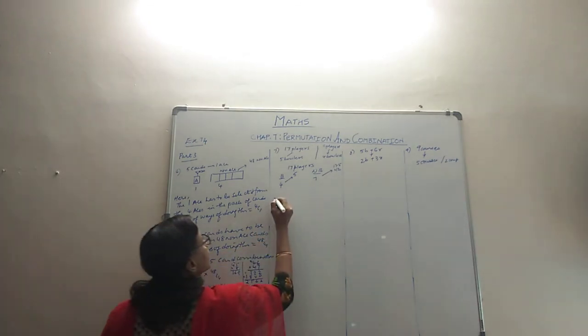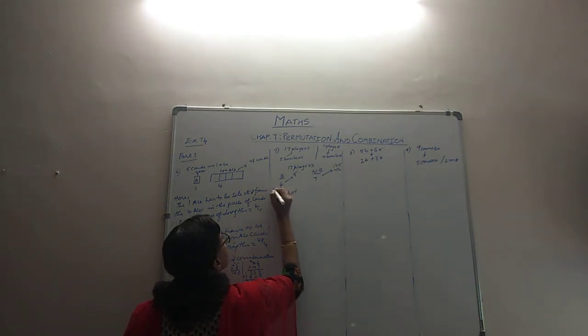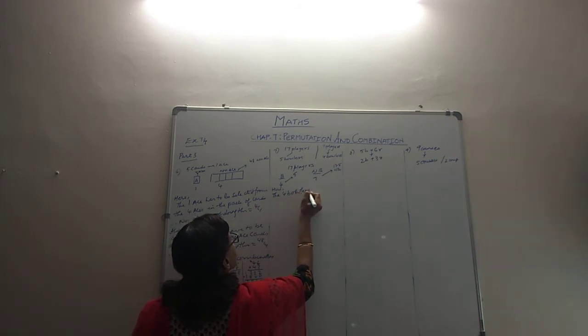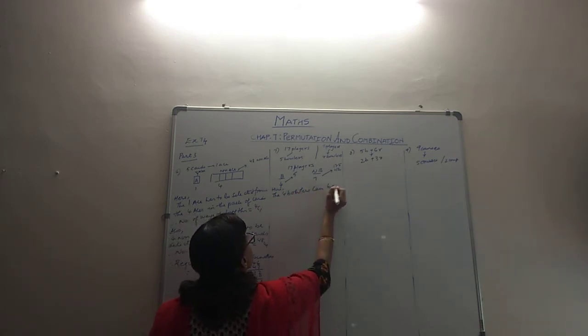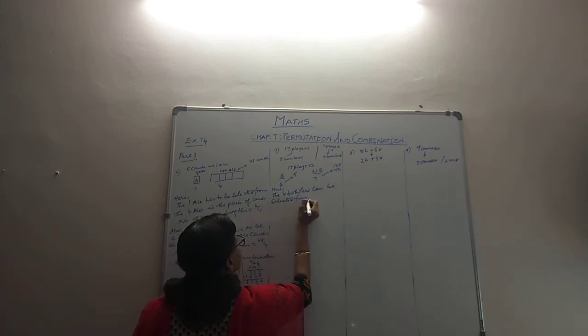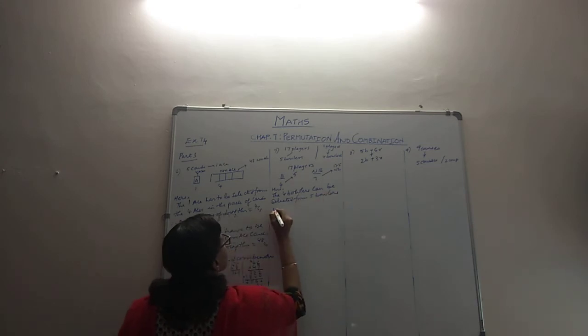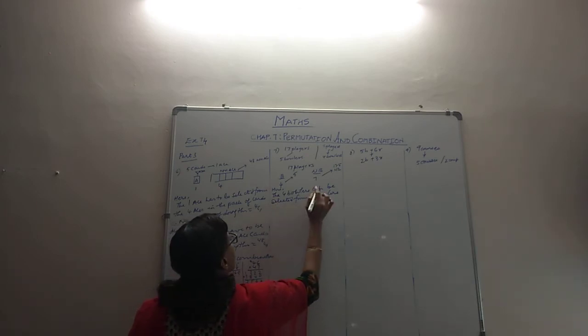Let's see now. The 4 bowlers have to be selected from the 5 bowlers, right?